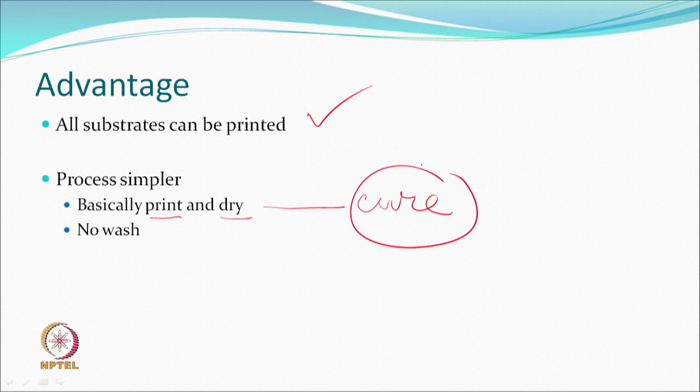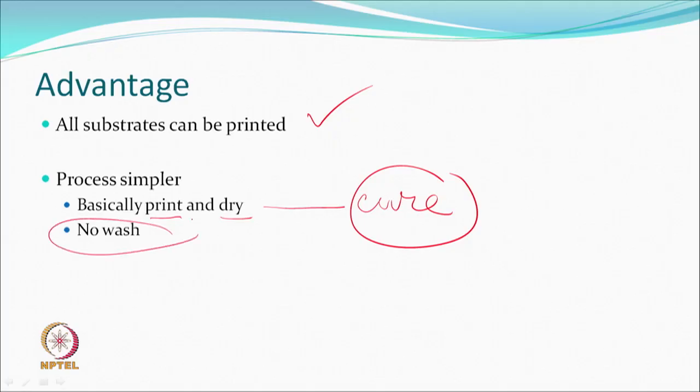That drying may be at a temperature high enough to ensure that a film is cured and fixed onto the substrate. As we said, pigment does not have any affinity, therefore something is going to bind it, and that is the binder, which makes a film. But the good thing is that you do not need to wash, because everything is fixed.